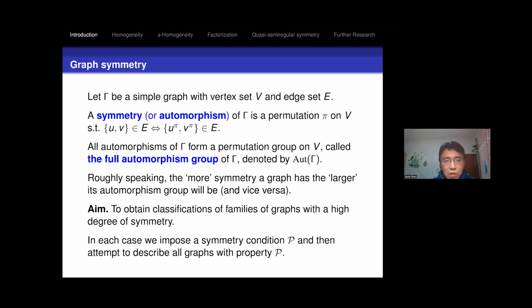Usually we use the automorphism group to describe the symmetry of a graph. Roughly speaking, the more symmetry a graph has, the larger its automorphism group will be, and vice versa.